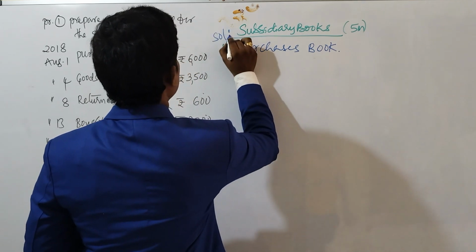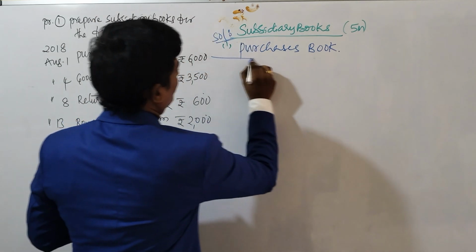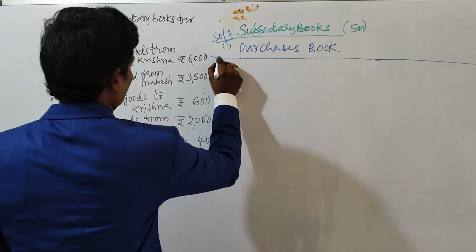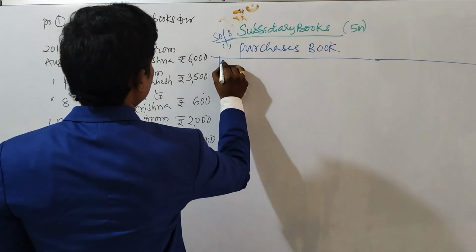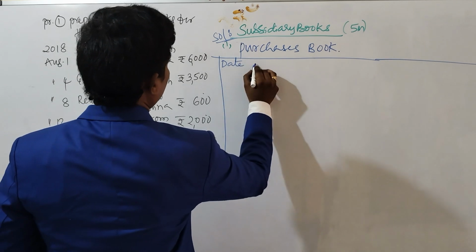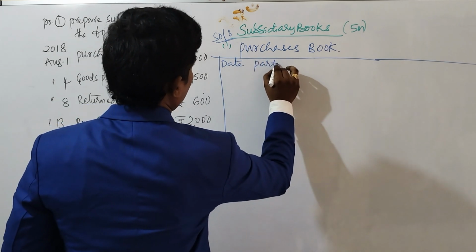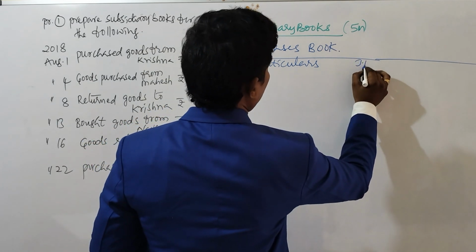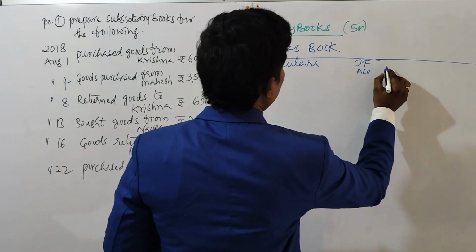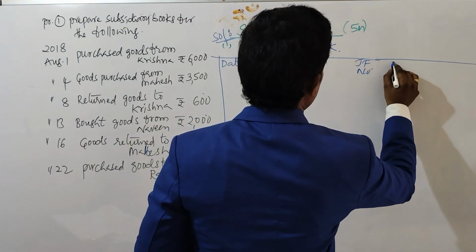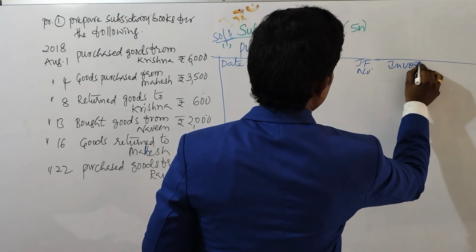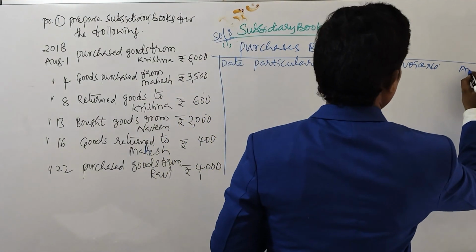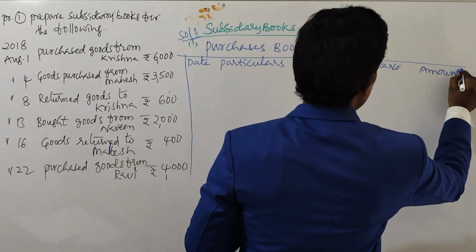This is the solution, and this is the pro forma. The first column is date, the second column particulars, the third one JF number, the fourth one invoice number, and the next one amount rupees.